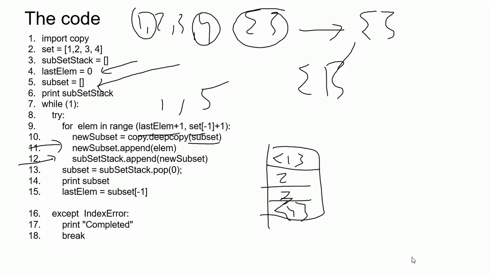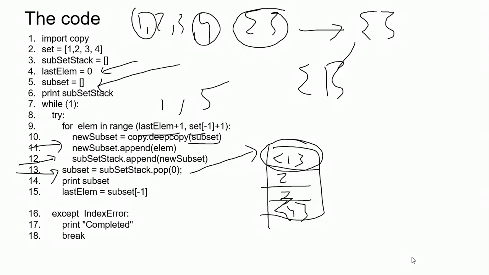After the iteration is over, at this point I say subset is subset stack of pop 0. Pop 0 means take the 0th element. So the 0th element now becomes this subset, so subset now becomes the set 1. Now again I go back to the iteration.